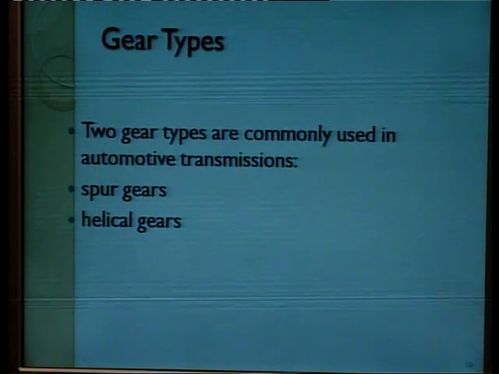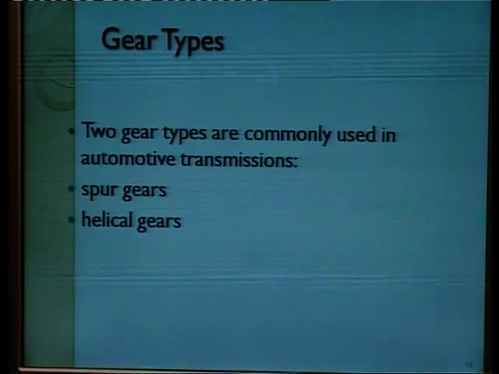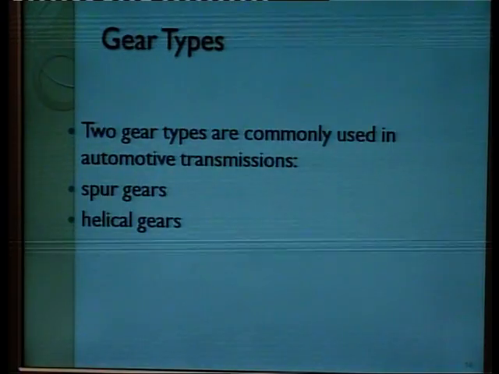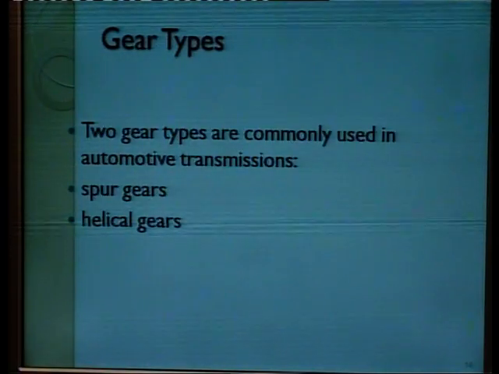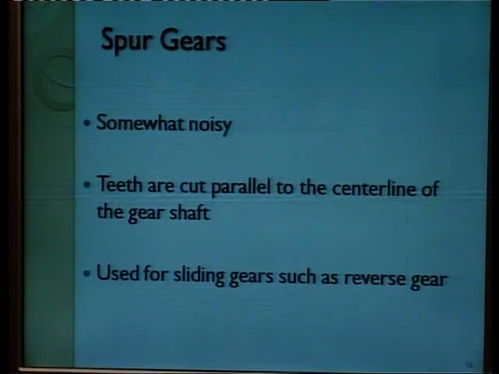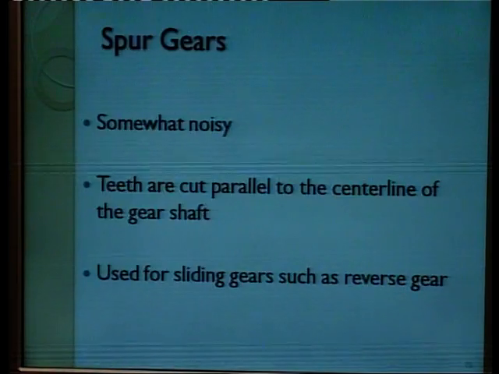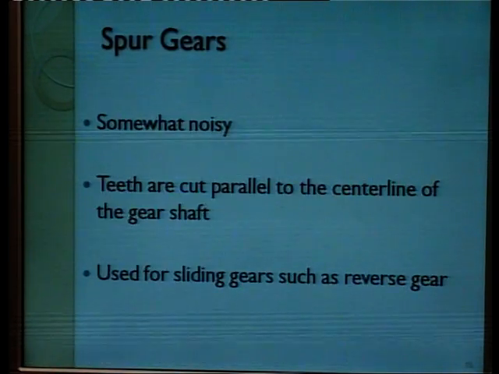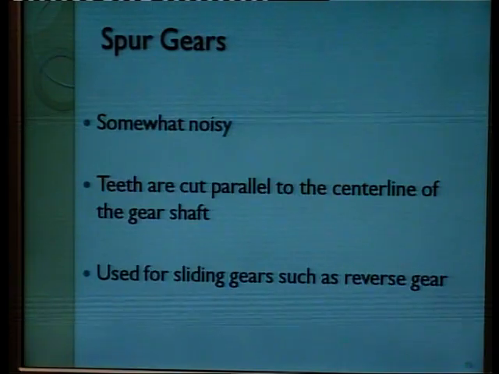And for the construction of gearboxes, there are two commonly used types of gears. One is spur gears and the other is helical gears. Spur gears produce some noise when they run.